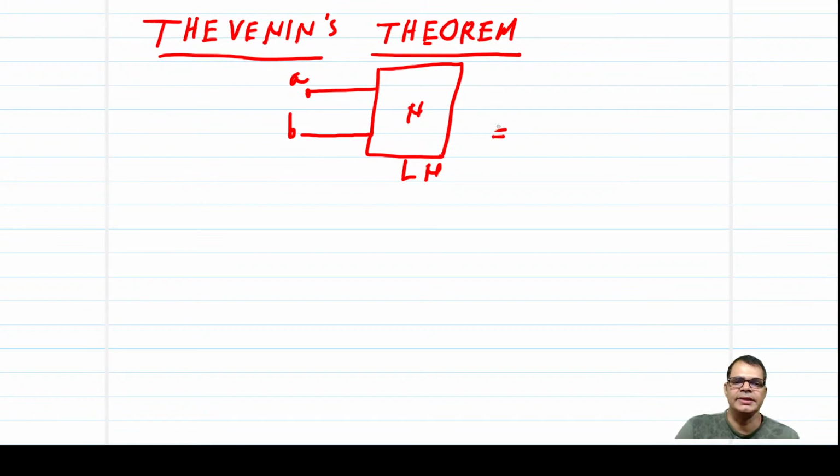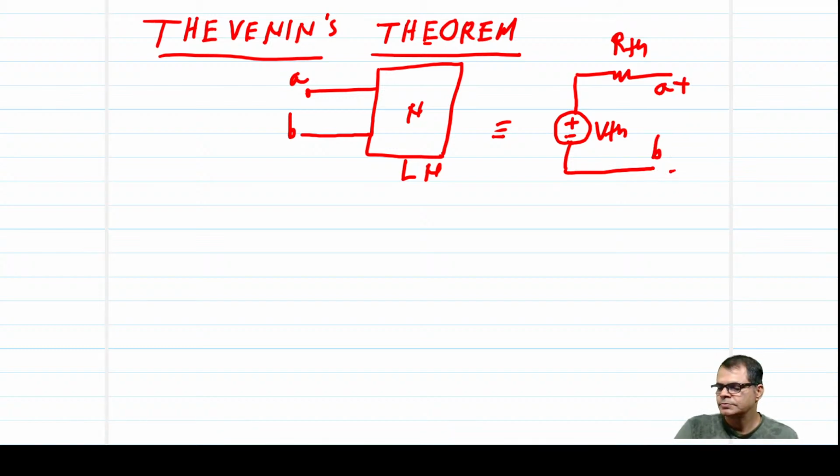So I can write these networks as a voltage source VTH and a resistance RTH between A and B, right? That means a voltage source and a resistance.